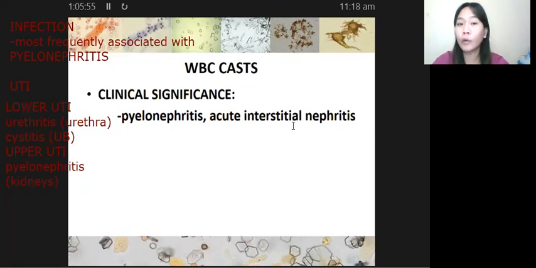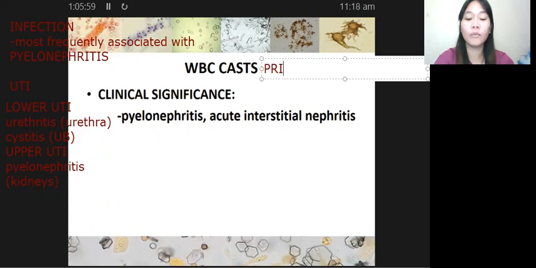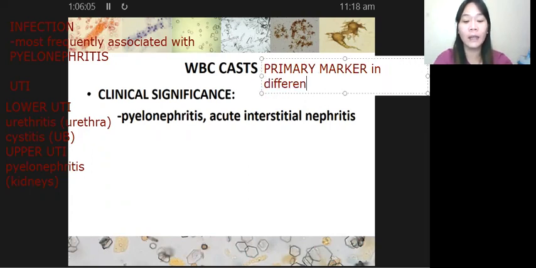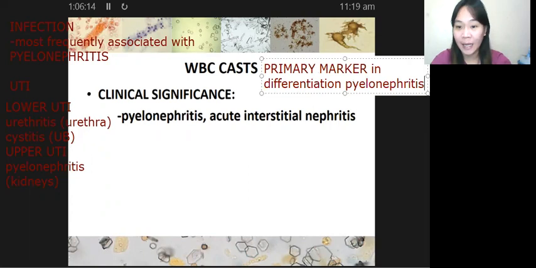Take note, class, na ang WBC cast natin is considered to be the primary marker in differentiating pyelonephritis from the other types of UTI.